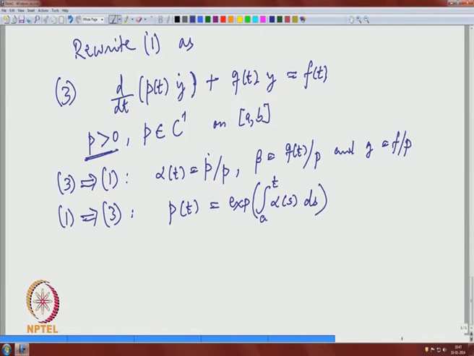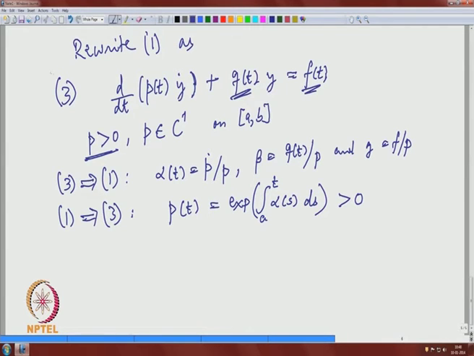Since this is an exponential, p is always positive and it is differentiable because alpha is continuous and we are integrating it. So, that will produce a C1 function. Okay. So, you can verify, and with this p you can calculate what q is and what f is.